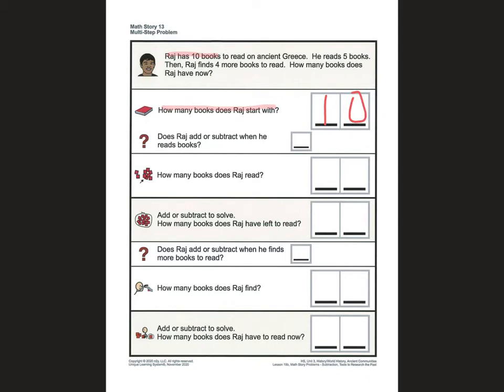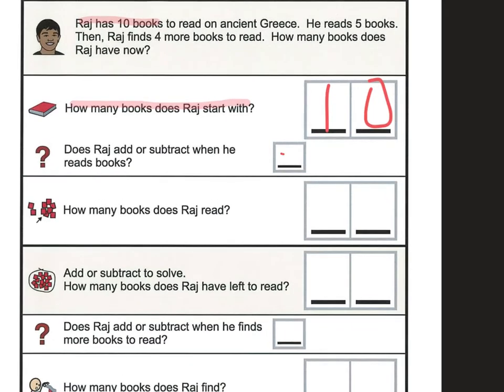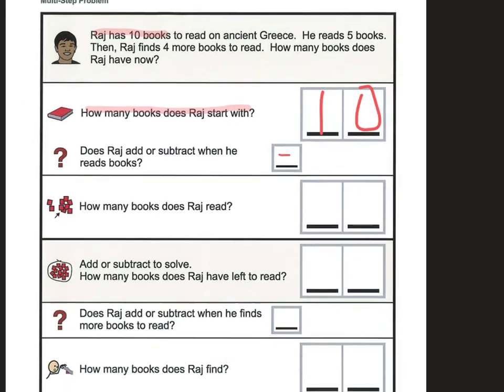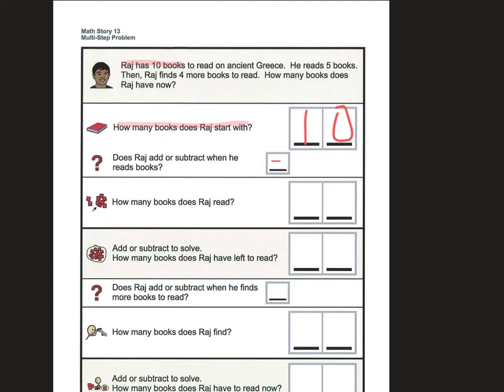Does Raj add or subtract when he reads those books? When he reads those books, we subtract because he's done with those books. How many books does Raj read? According to the story, he reads 5 books. Add or subtract to solve. How many books does Raj have left to read? 10 minus 5 is 5.